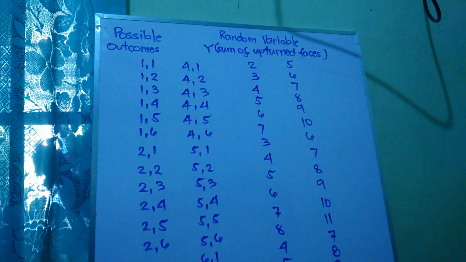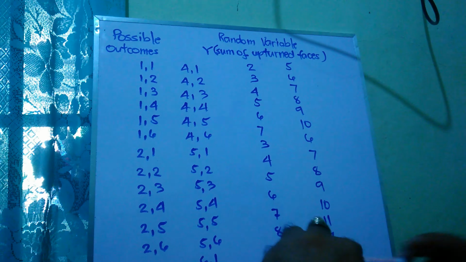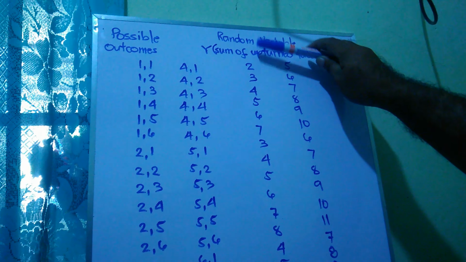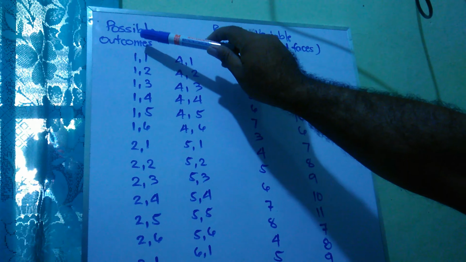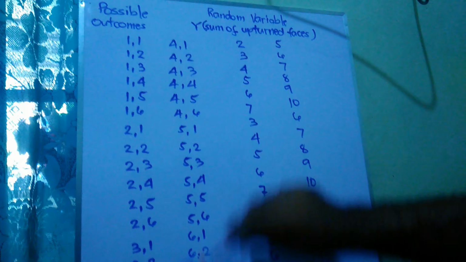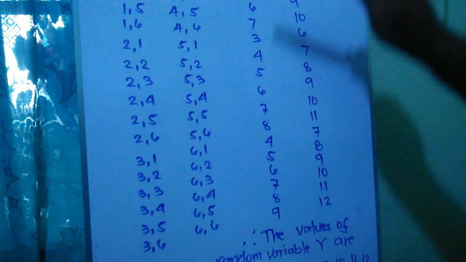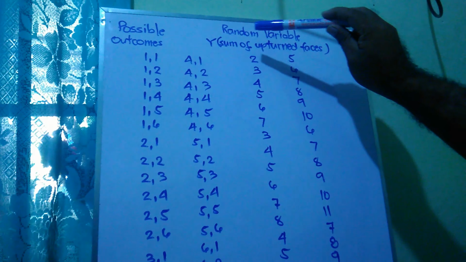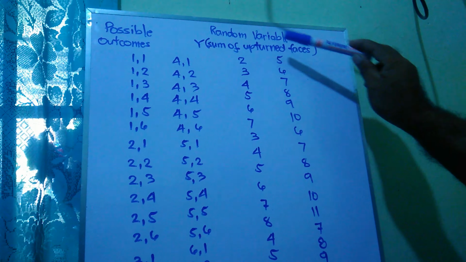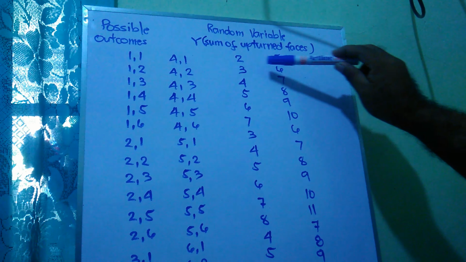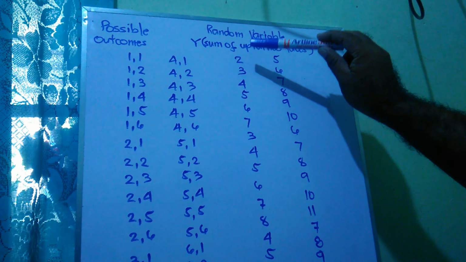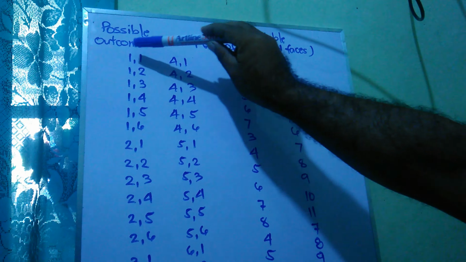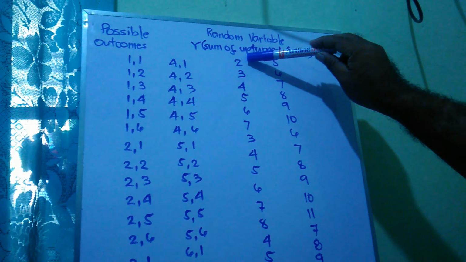Again, we construct a table with two columns. The first column is the possible outcomes, and the second column is the possible values of the random variable Y, which represents the sum of the upturned faces.